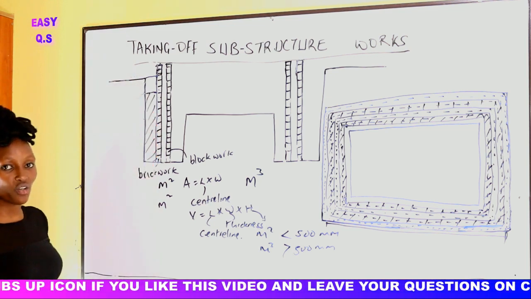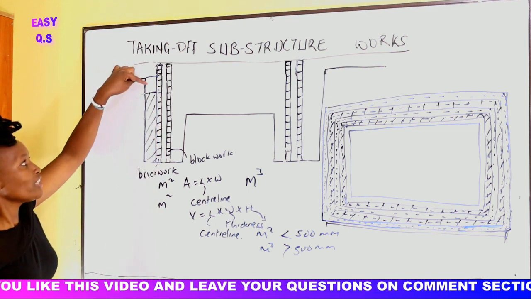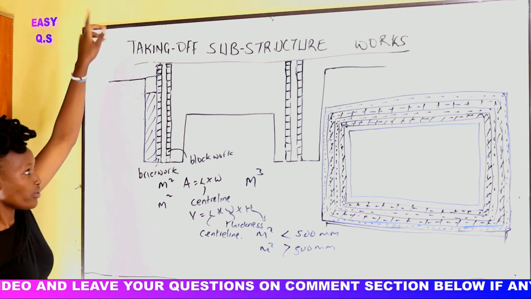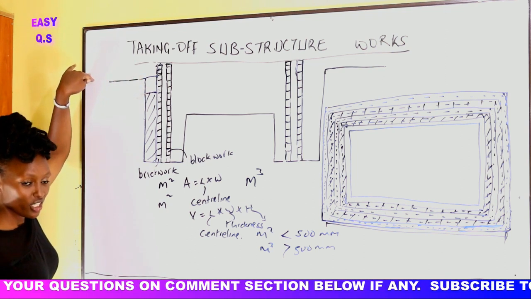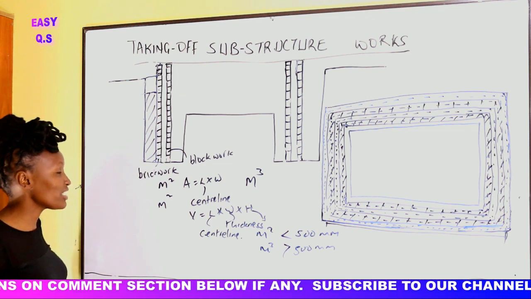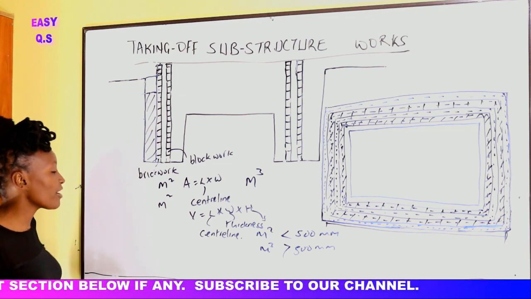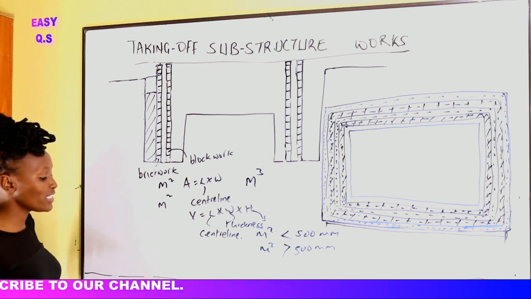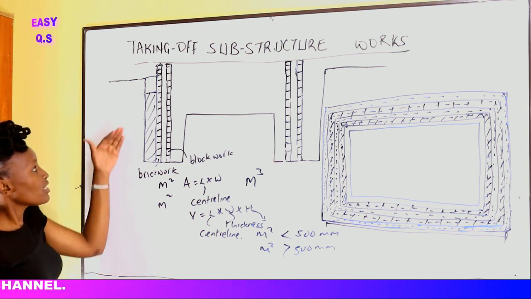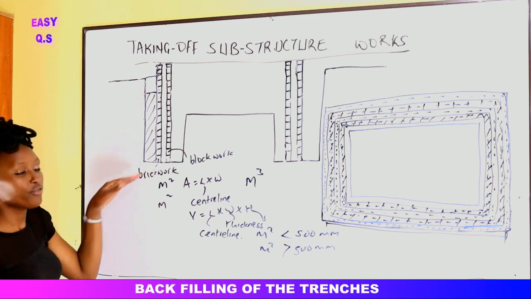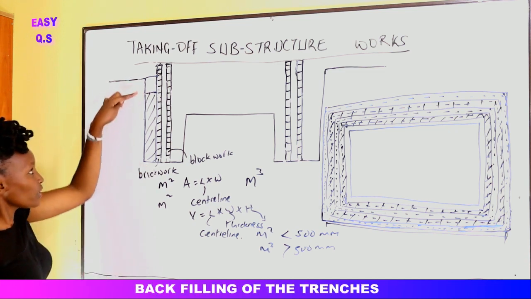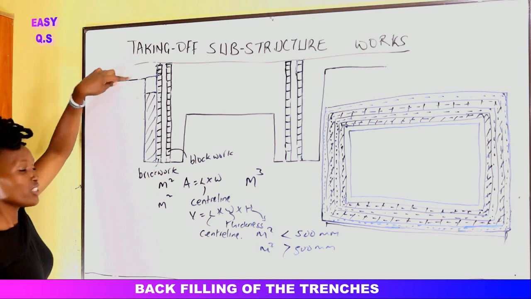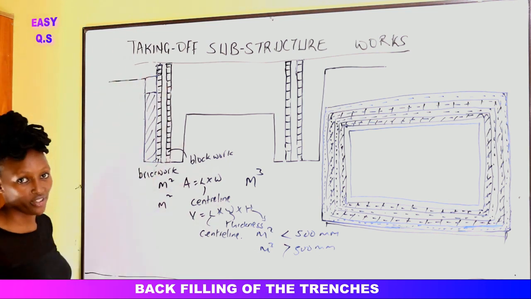And because that is not normal, we need to backfill the vegetable soil that we had removed so that we can go back to the ground level. So in this case, we shall measure it, stating that we are backfilling the external faces with previously excavated topsoil. This soil, from here to here, we have to use the good soil. But this soil, in case we do not have soil, we can use the topsoil that we had removed.